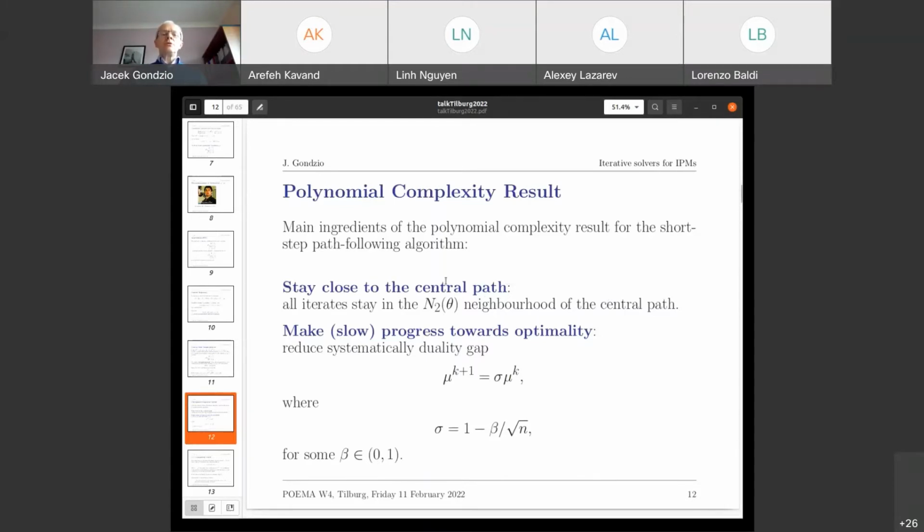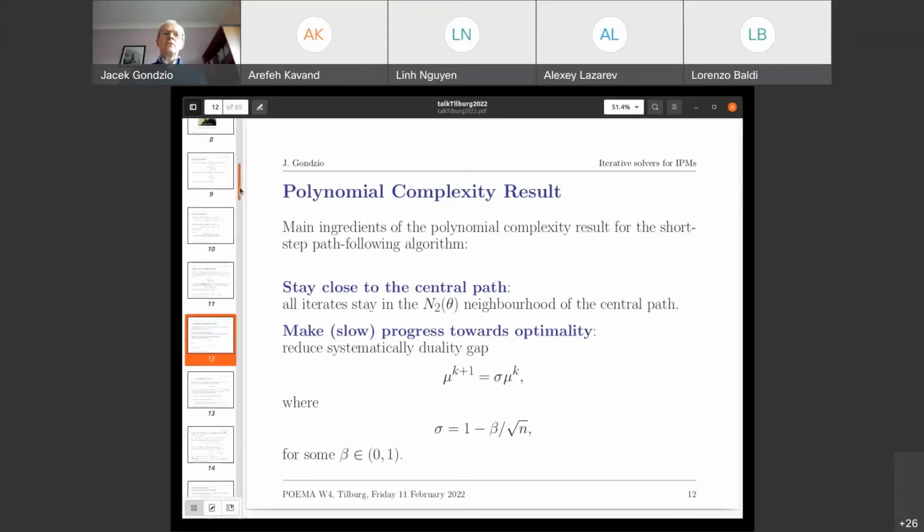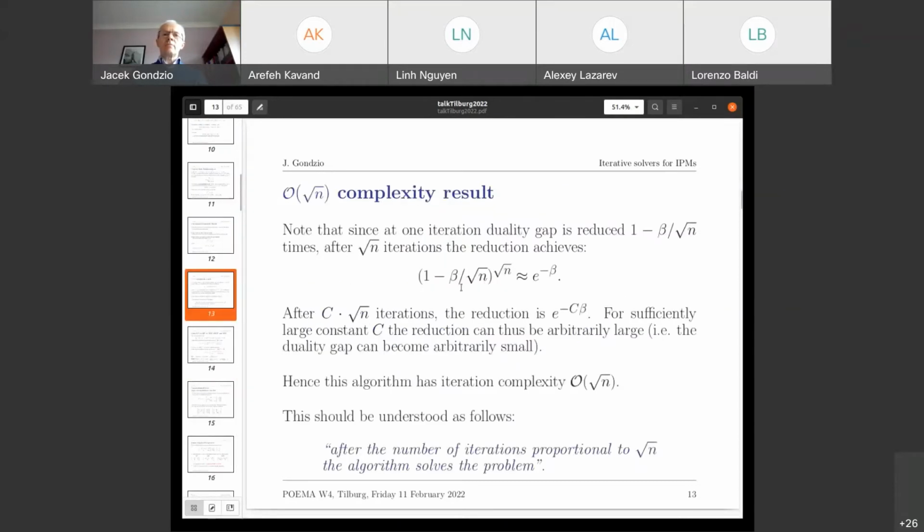This is achieved because if the algorithm stays close to the central path, that is, if we limit the moves of the algorithm to the N2 neighborhood of the central path as defined on the previous slide, and if we are very conservative and ask for a small reduction of the barrier term from iteration k to iteration k plus 1, which here is expressed by saying reduce mu k merely sigma times, where sigma is some number very close to 1, then we will be able to prove that the interior point method converges to the optimal solution very quickly, in O of square root of n iterations.